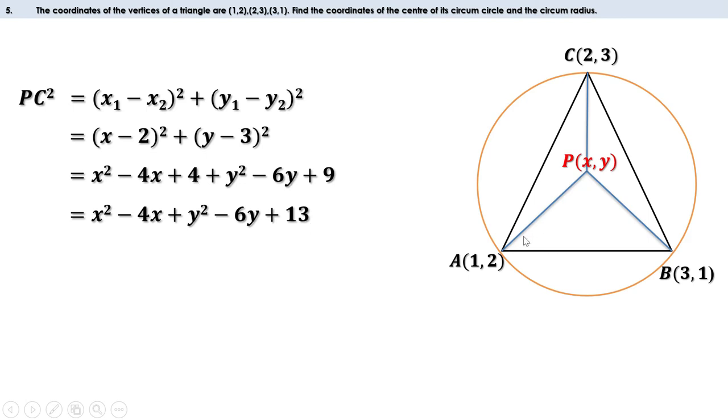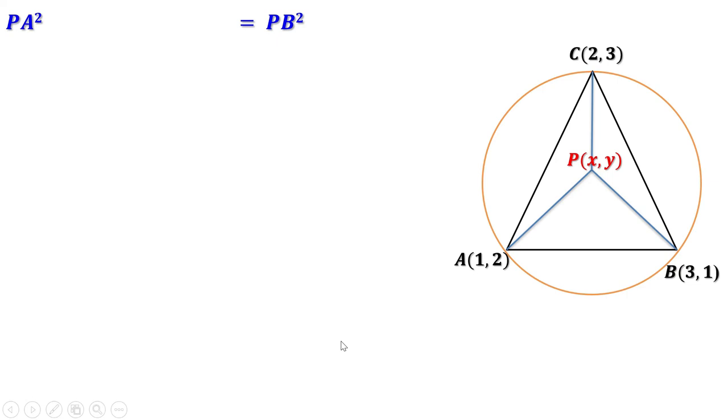The squares of PA, PB and PC are equal because all these are radii of the same circle. So let me take PA square and PB square. They are equal, and we have already found the values of PA square and PB square.